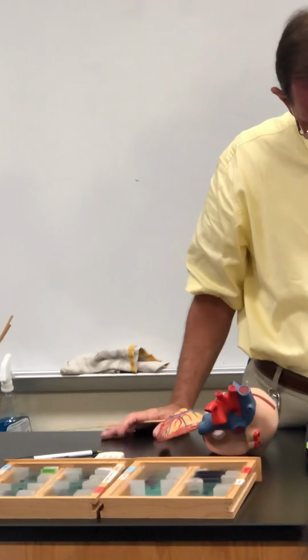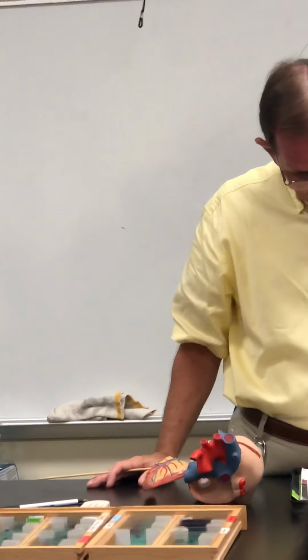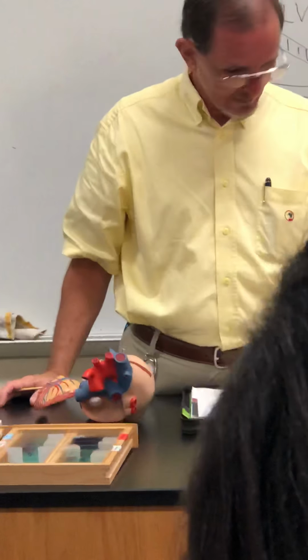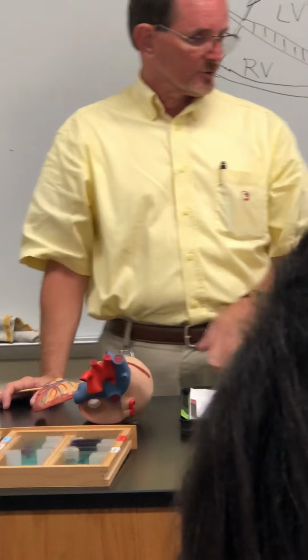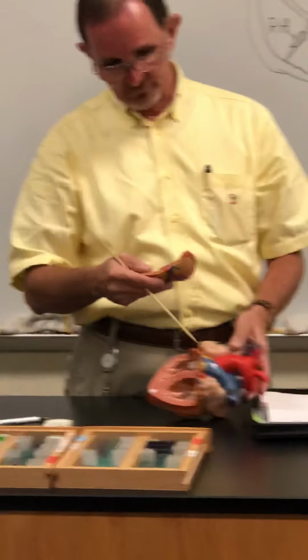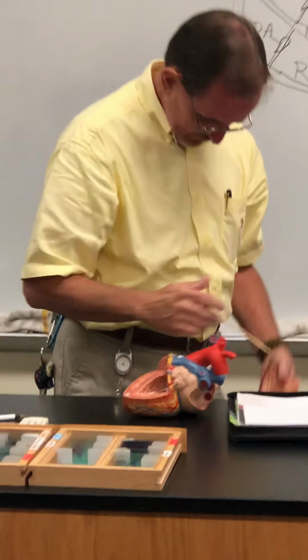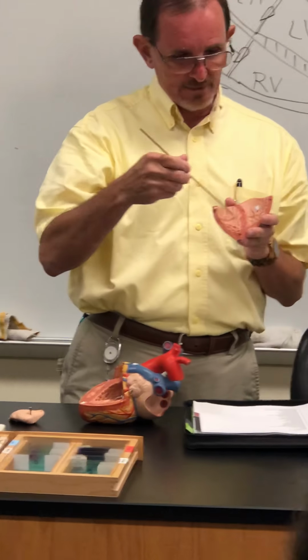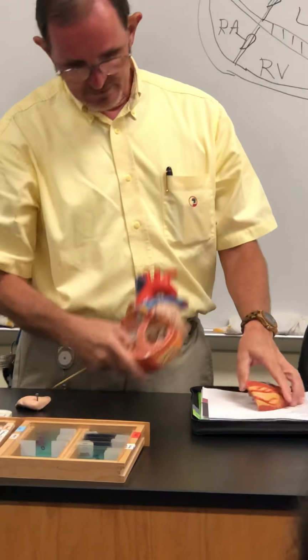We did the epicardium, the visceral pericardium. The inferior vena cava I've already showed you. Trabeculae carneae is this stuff. Do you see all of this right here?